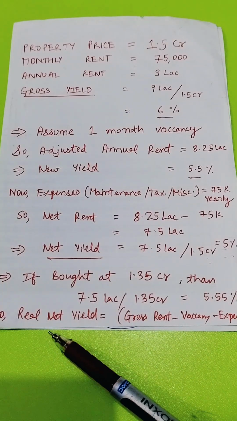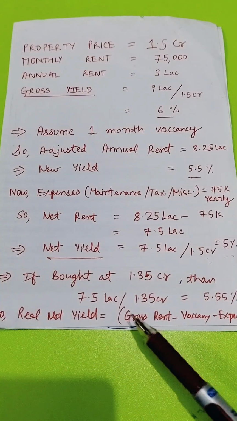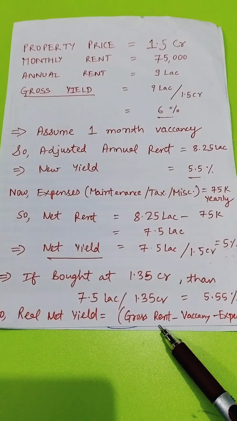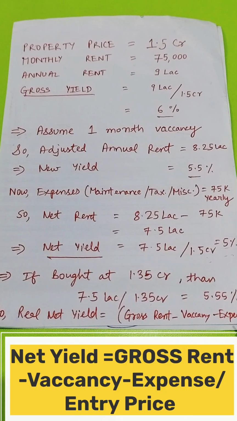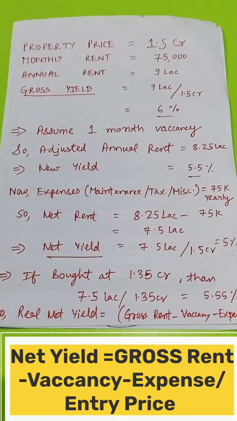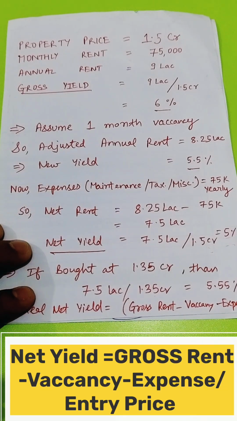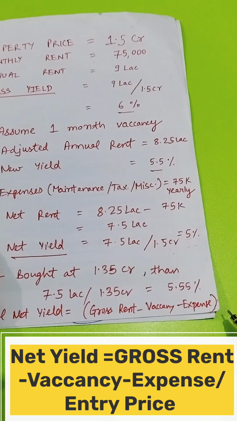So what is the real net yield formula? It is basically gross rent minus vacancy minus expenses divided by total property value, or you can say entry price.